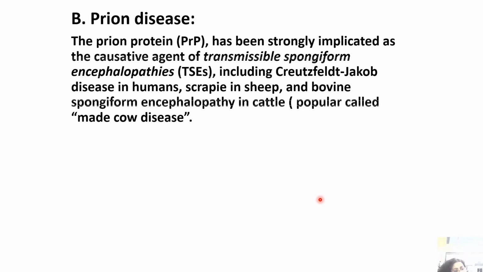Now, what is prion disease? The prion protein PrP has been strongly implicated as a causative agent of transmissible spongiform encephalopathy, including Creutzfeldt-Jakob disease in humans, scrapie in sheep, and bovine spongiform encephalopathy in cattle, popularly called mad cow disease.